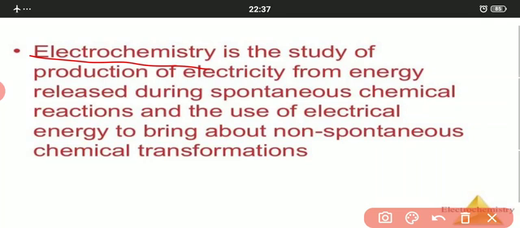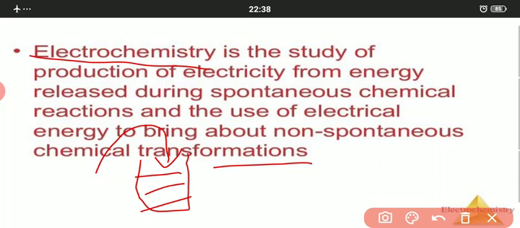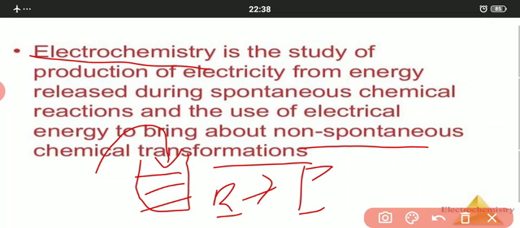For example, if we have a chemical solution, if we apply electricity to that solution and it leads to the transformation of reactant to any product, or any type of non-spontaneous chemical transformation occurs, then it is known as electrochemistry.